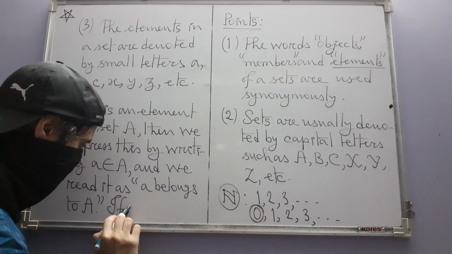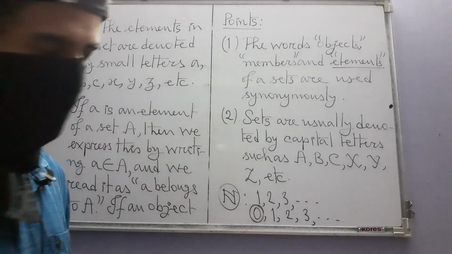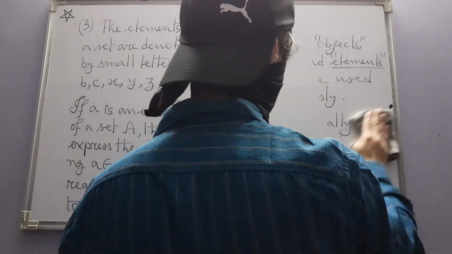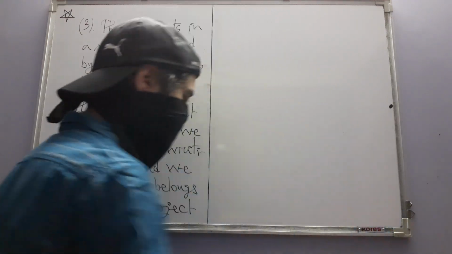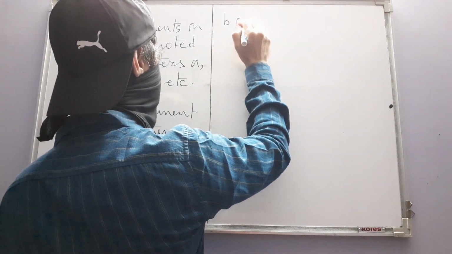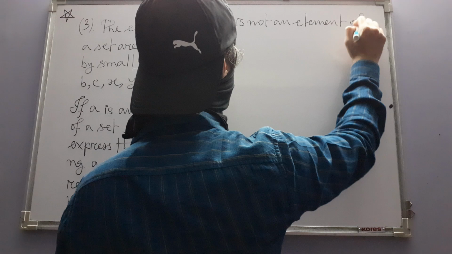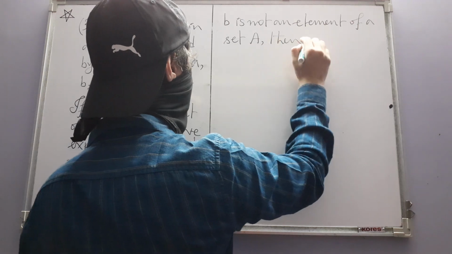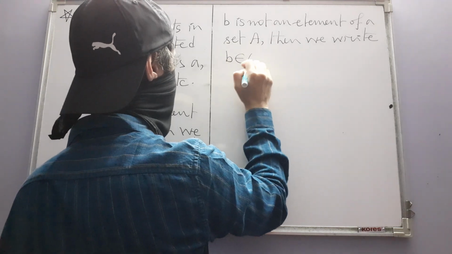If an object b is not an element of a set A, then we write this.